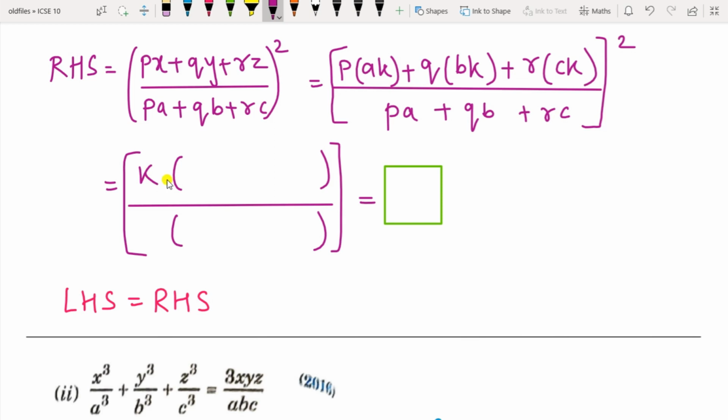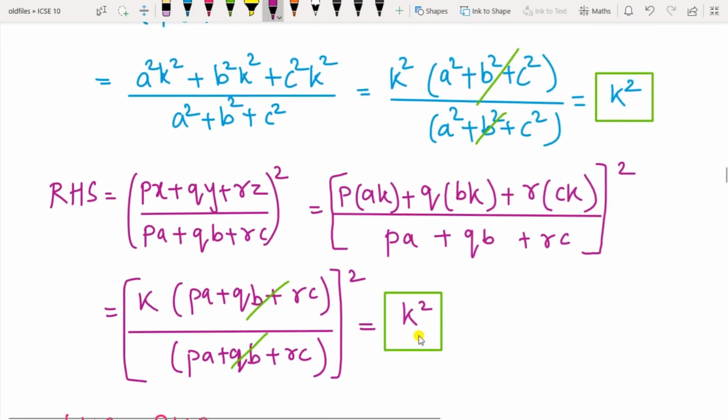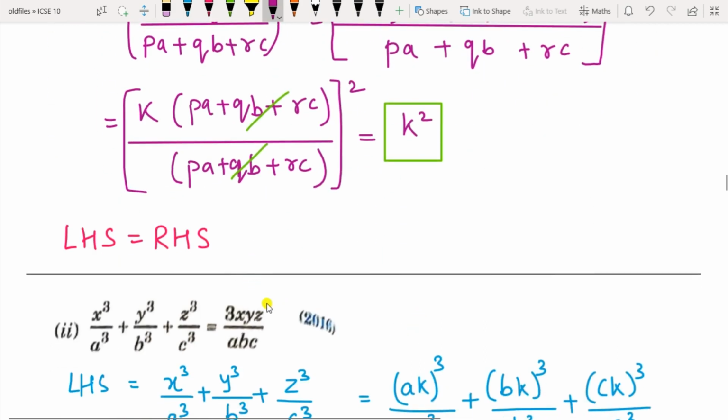So take out k common, so this will be k times pa plus qb plus rc, and this is the same denominator, pa plus qb plus rc, and the whole square. So this bracket will get cancelled from the denominator and the numerator. So you have the value as k square, that is your RHS. So LHS is equal to RHS, hence proved.